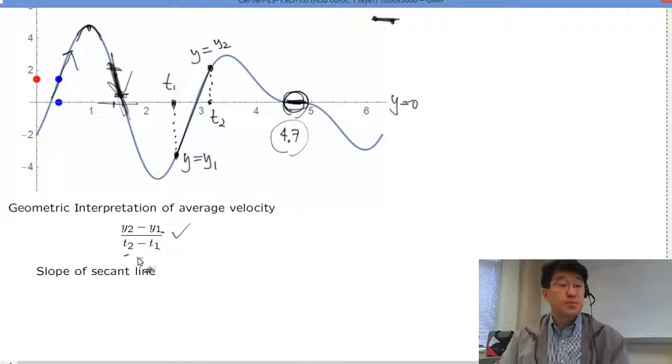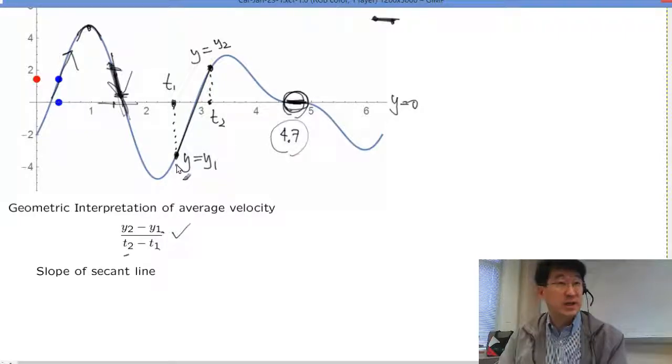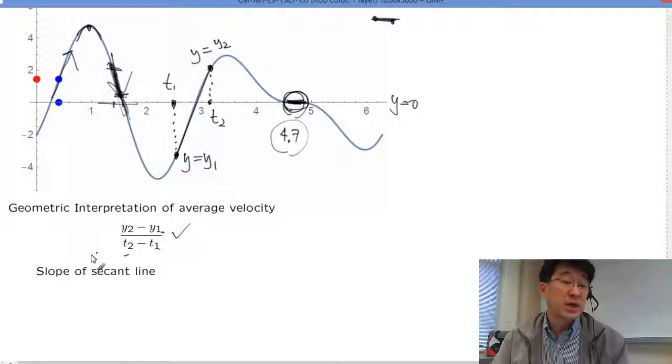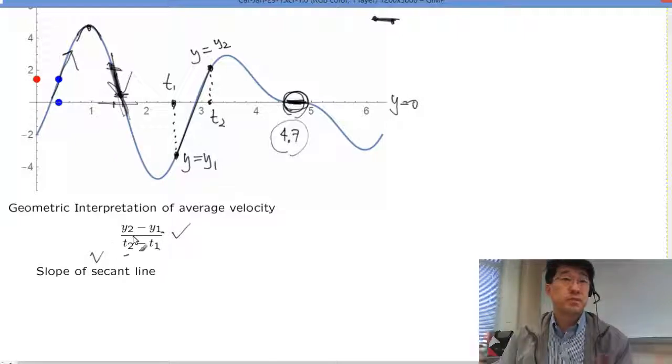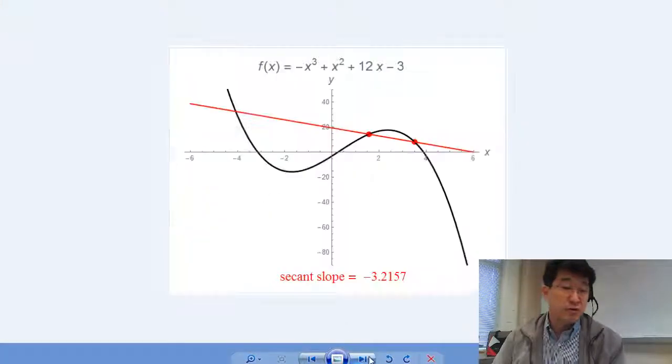So this quantity that we just calculated corresponds to the slope of what line? The line that cuts through these two measurement points. In that xy coordinate system, they call it the secant line. Okay? Make sense? That's the name. So the average velocity is the slope of the secant line through those two points. That's the thing that you have to remember.